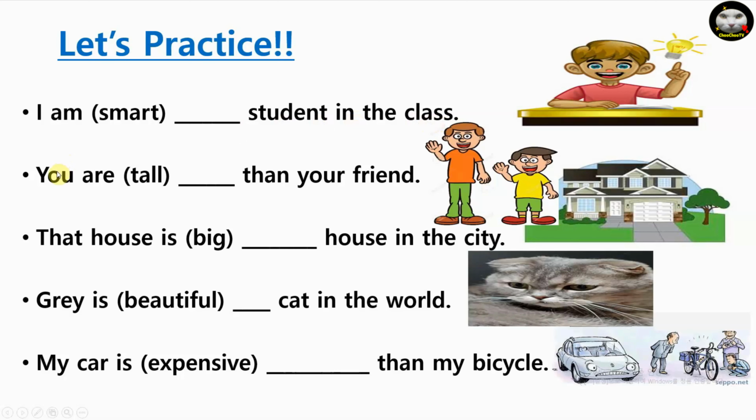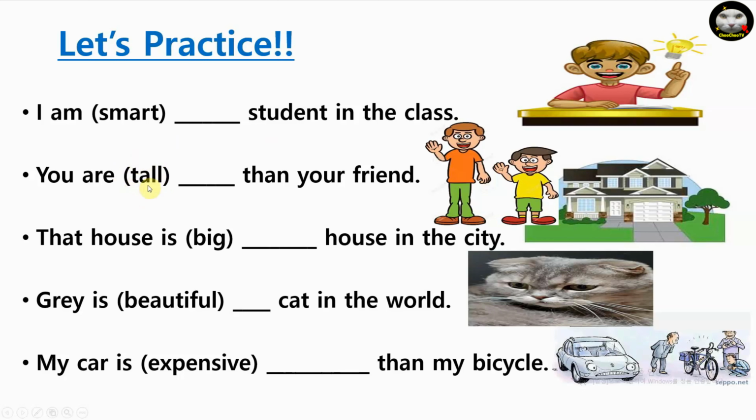Second example, you are. Single person, you are tall than your friend. You is one person, your friend is one more person. This is 1 to 1. So this sentence is comparative. Now we look at the adjective.